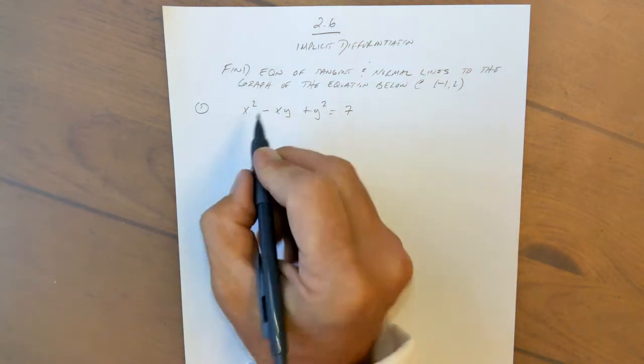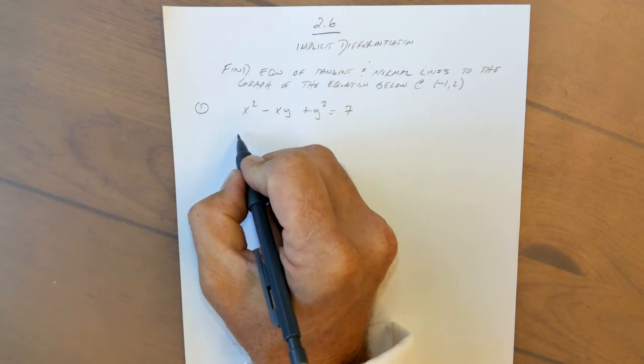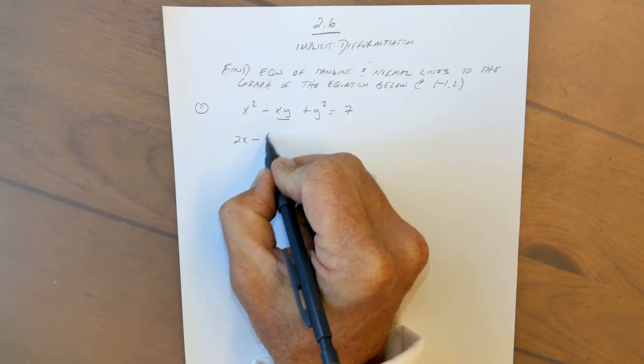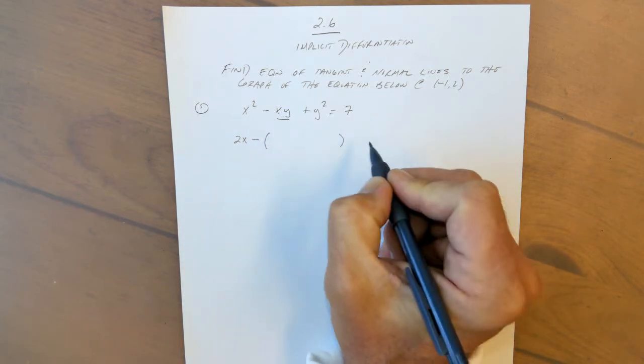Okay, so going from left to right, the derivative of x squared is 2x minus, so again, as we said, we have the product rule, and I'm going to put that in parentheses.